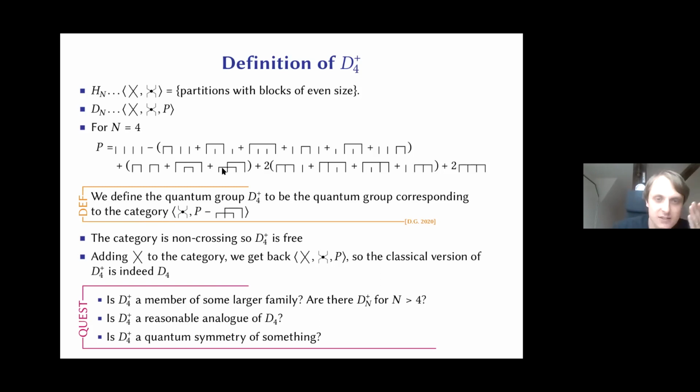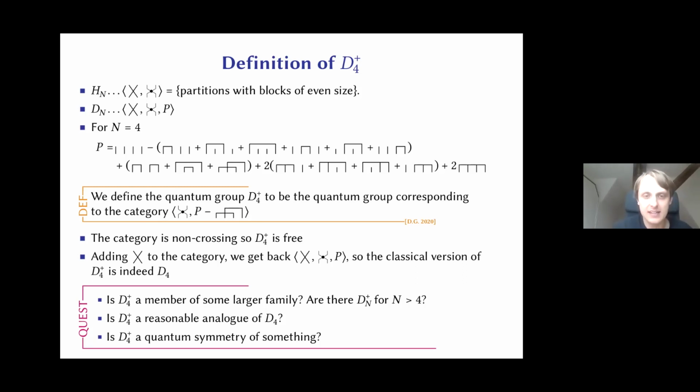But a trick that we can do, and unfortunately, or I don't know if unfortunately, but that's how it is, we can do this only for n equals 4. We can subtract this crossing from this P, and suddenly we obtain a non-crossing partition. And so we can define the new quantum group, which we call D4+, to be the quantum group corresponding to this category. So this is my definition of D4+, and that's it.